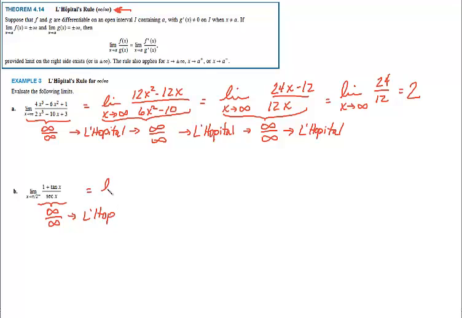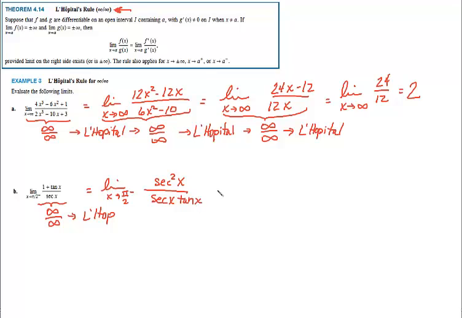So I'll have the limit as x goes to pi over 2 from the left, and then I'll take the derivative of both the numerator and the denominator. The derivative of tangent is secant squared. The derivative of secant is secant tangent.